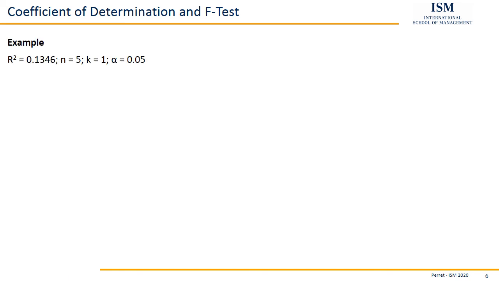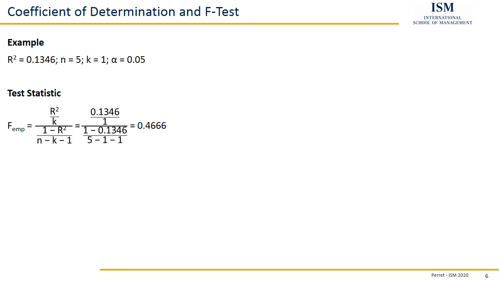So I just copy the R squared. We have 5 observations. We have 1 x variable, so k is 1. And well, let's start here with an alpha of 5%. Then the test statistic results from this formula as seen before.